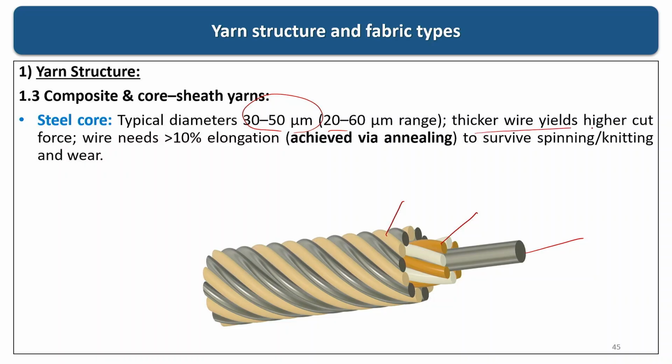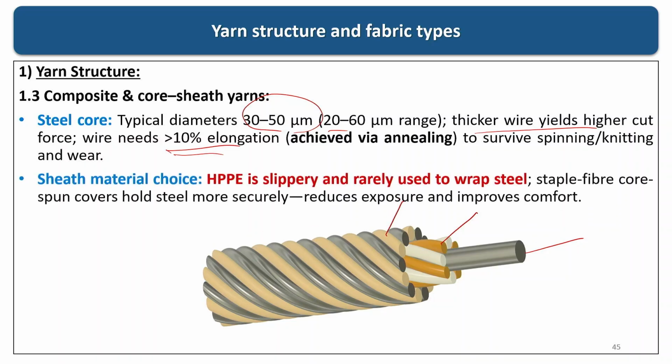Thicker wire yields higher strength and higher cutting force. As we have discussed already, the breaking elongation should be more than 10%, which is achieved via annealing. It is required so that it survives the elongation during spinning, knitting and during wear also, and does not break.